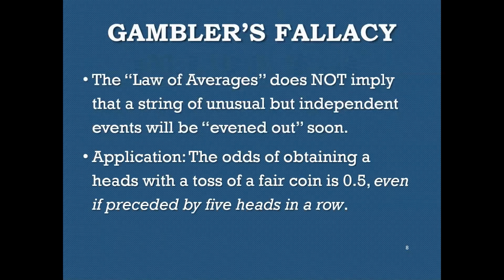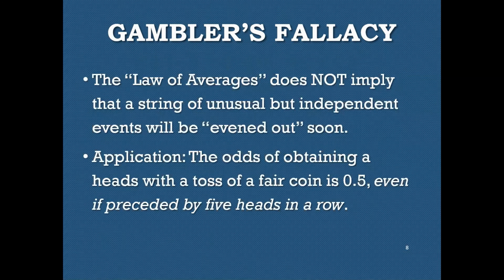If we're talking about a situation where we're just doing something with straight probability, like the odds of obtaining a heads when you're tossing a fair coin, even if you get 5 heads in a row and you say, well, the probability of getting 6 heads in a row is exceedingly low, which it is, what's the probability of getting a heads on that 6th toss?